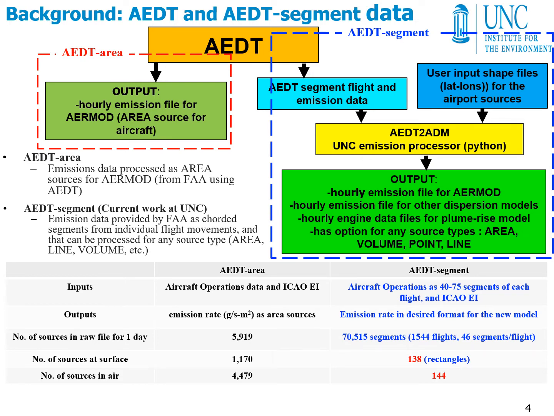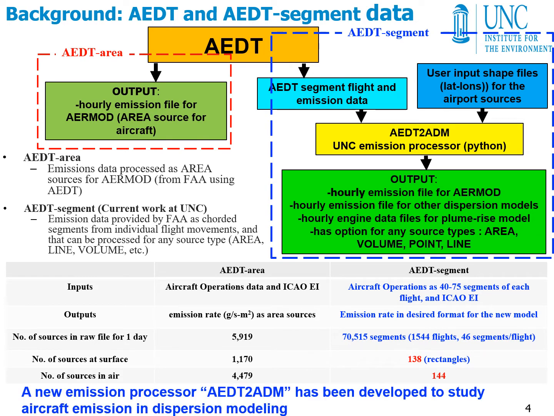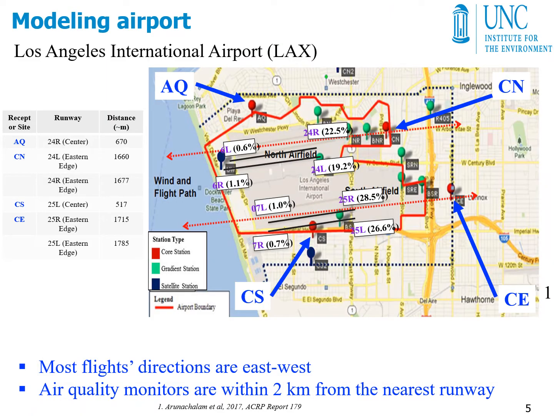The red color is what we have designed, and the blue color in the right column is what is present in the AEDT segment data file. And the number of sources in air is around 4400 in AEDT area and 144 in our emission processor we have designed. So a new emission processor, AEDT2ADM, has been developed to study aircraft emission in dispersion modeling.